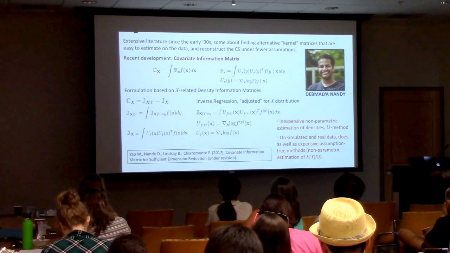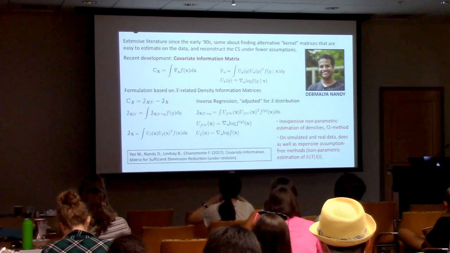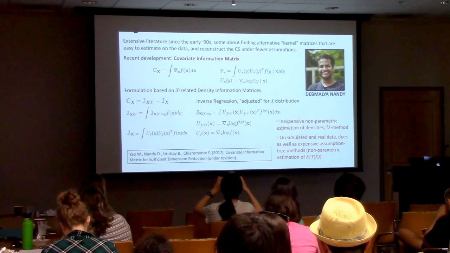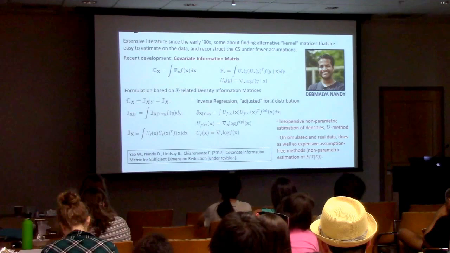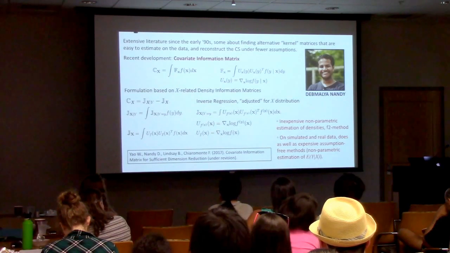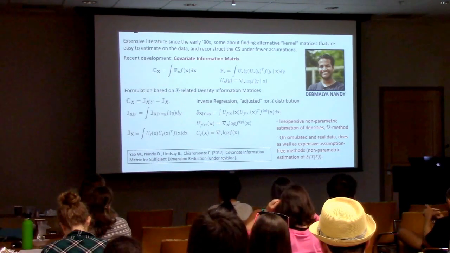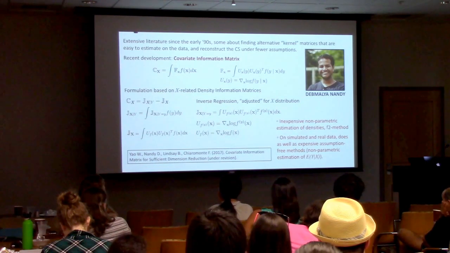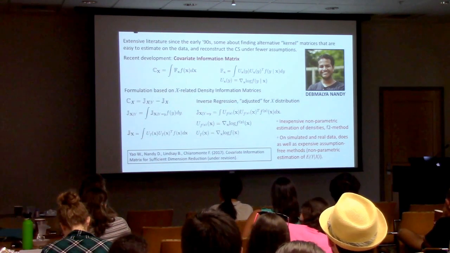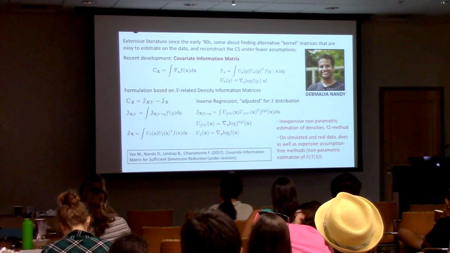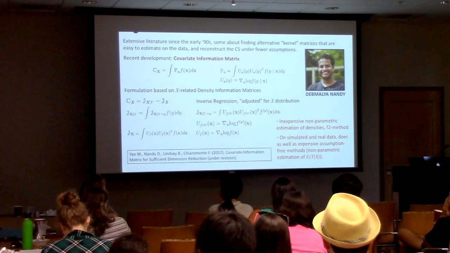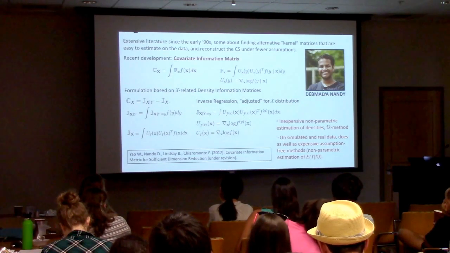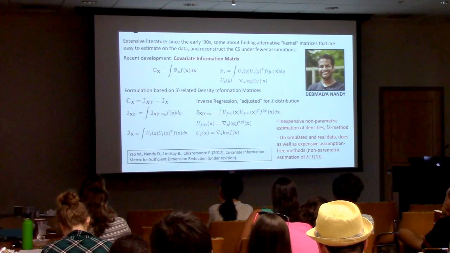This can be rewritten in terms of other matrices that can be estimated fairly quickly, and then you can take the spectral decomposition, the eigen decomposition of this matrix, to find directions in the central space, and it in fact works. This is work under revision, and it seems to perform rather well compared to the most recent methods in the field. And it is completely assumption-free.